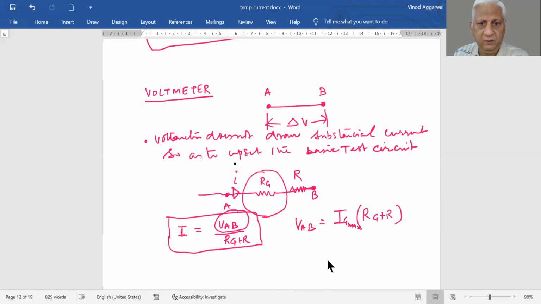So if we want to increase this value, we simply increase this R, and we can increase the range of our galvanometer for measuring voltage.